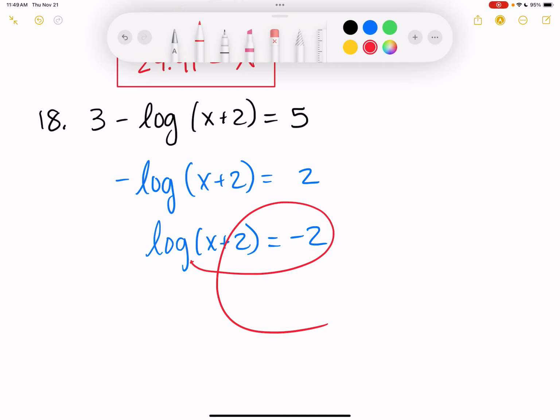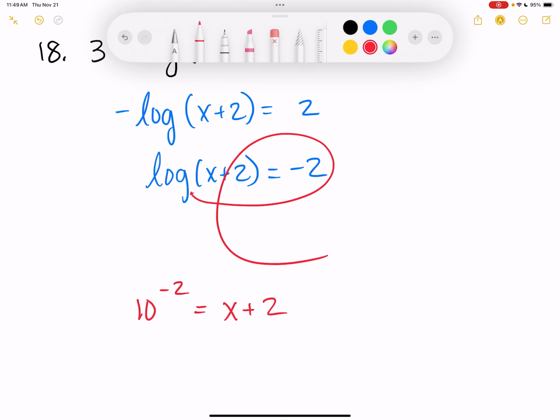So this would be 10 raised to the negative 2 equals x plus 2. So then 10 to the negative 2 minus 2 equals x. You can just type that in and tell me what that's equal to, because it's going to be a decimal.